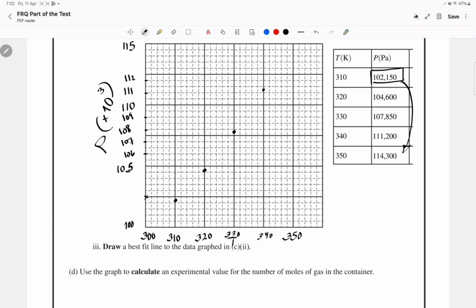And now 350 with 114. So 113, 114.300. So 350 with that.